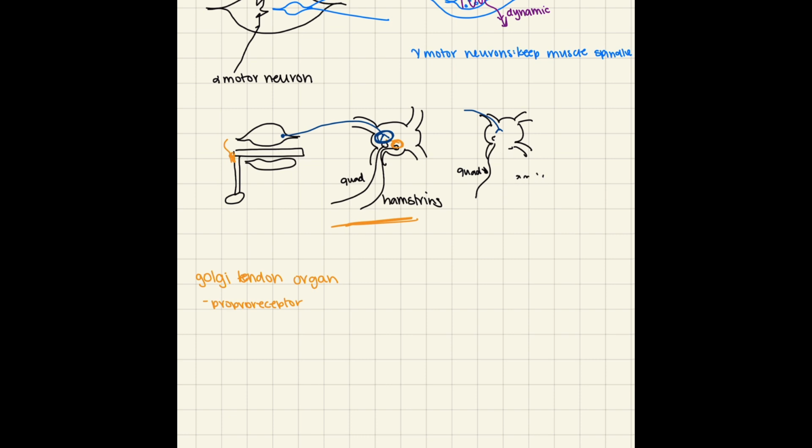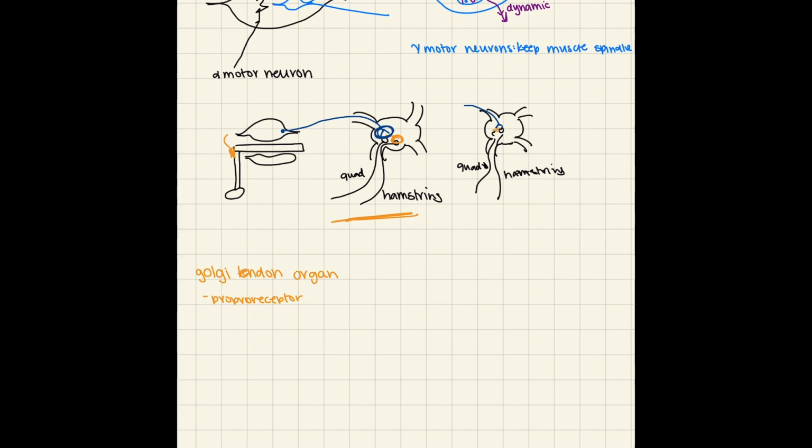We will inhibit the quad muscle by inhibiting the motor neuron through a secondary neuron there. And we will activate the hamstring neuron, which then will contract our hamstring and bring our quad back to a place where we're not going to hurt ourselves.